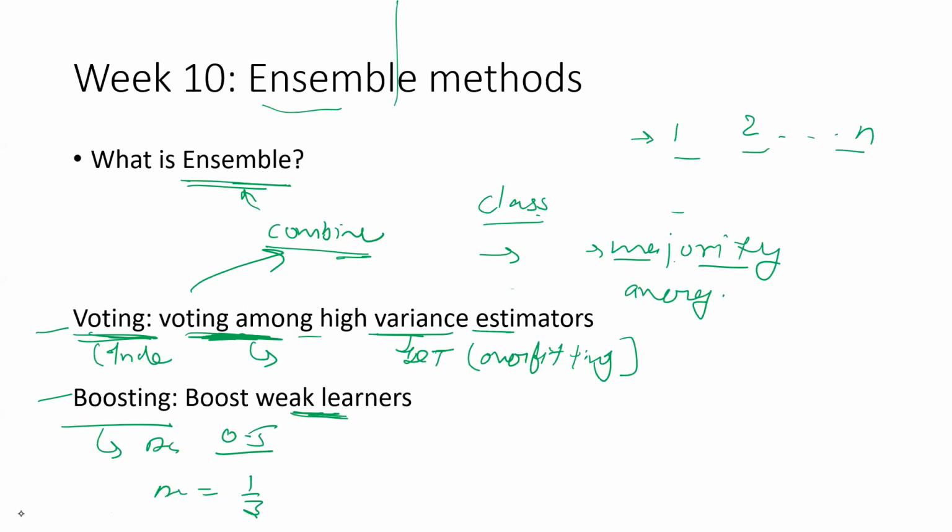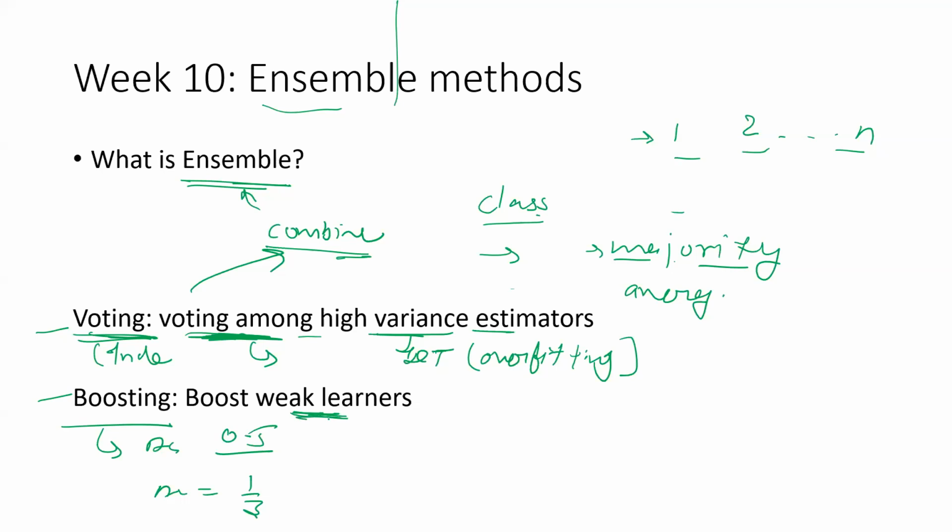But boosting is not for the underfitting criteria? No. Boosting is generally used for weak learners, like decision trees with very small size. If it is very small, how does it become overfitting?